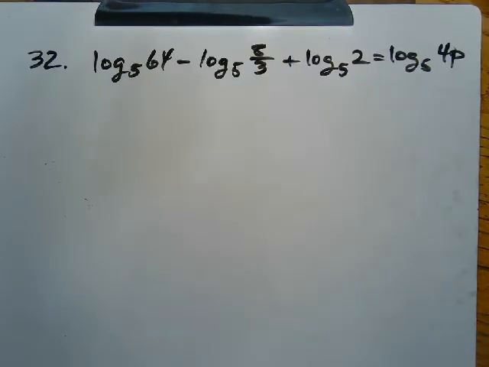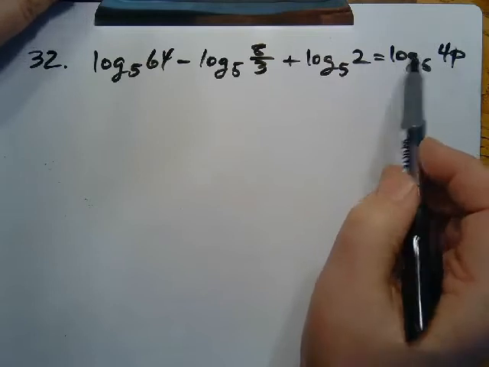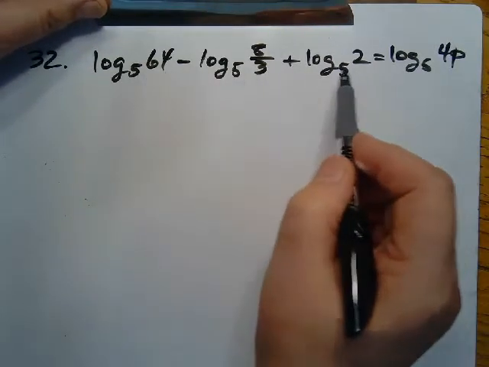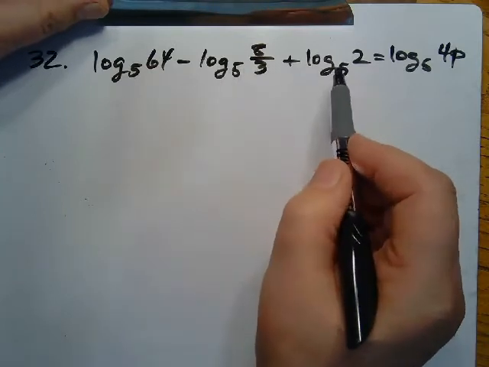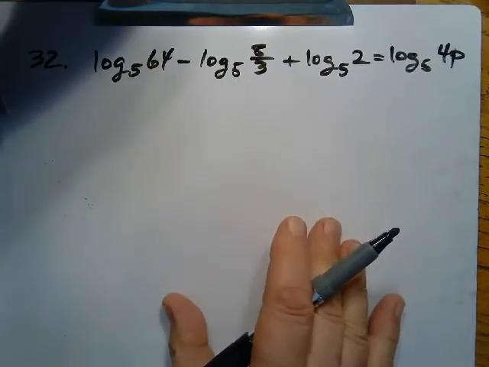All right, let's try this problem, and this is one that will be on your future assignment here tonight. Notice we've got a log on both sides here, and I want to try to write this string of logs as a single log. Well, I know I can do that using the properties of logarithms.